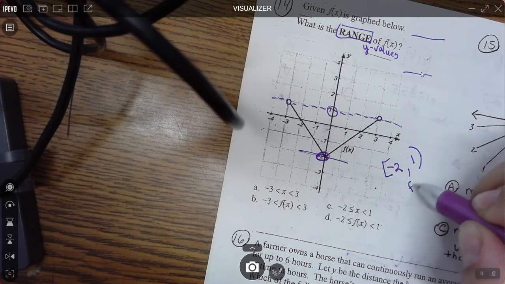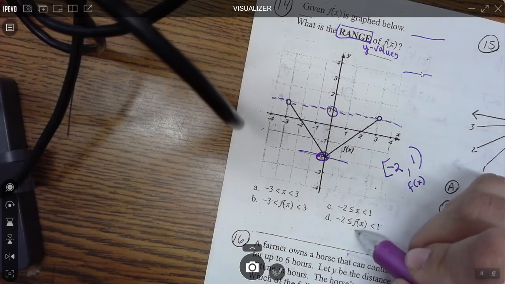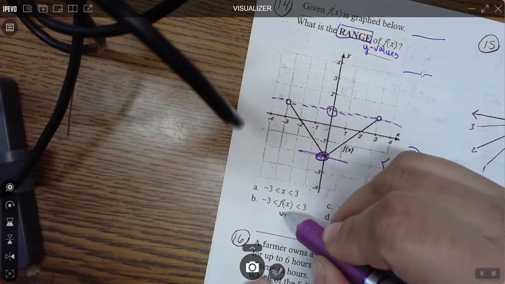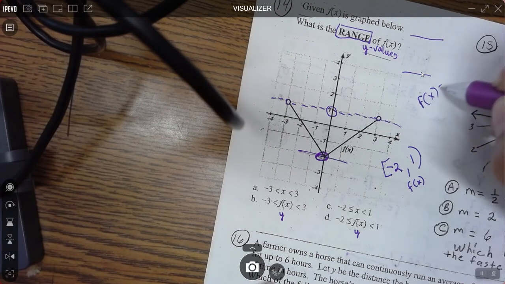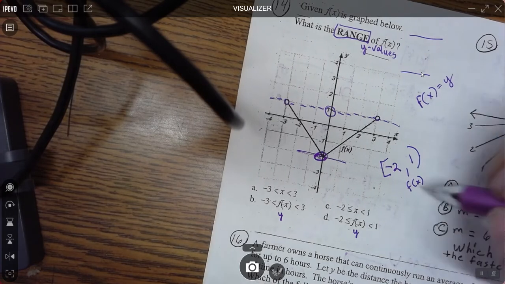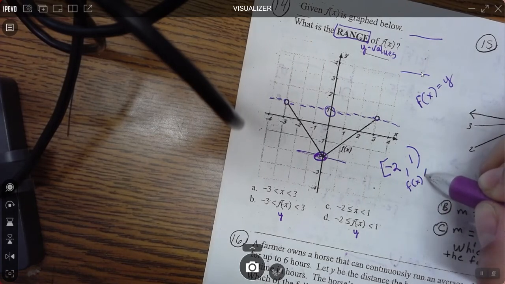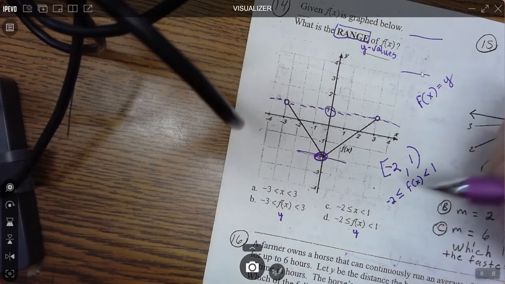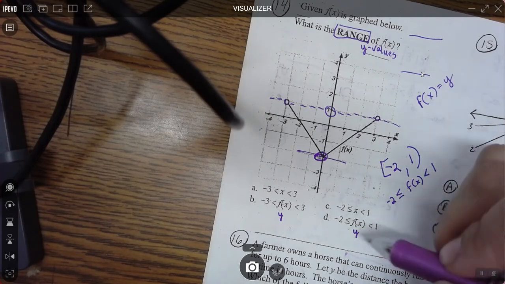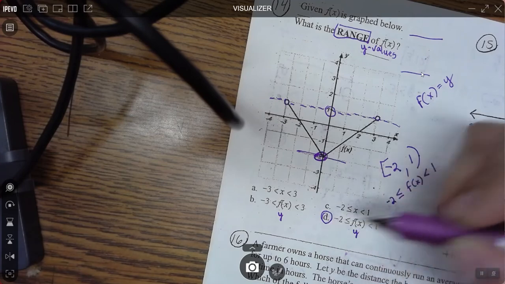Oh, they have this notation. So this will be f of x, right? Because it's y. Okay, so this is another way of writing y, f of x. Remember, f of x equals y. F of x is less than 1, greater than or equal to -2. So it's going to be this one.